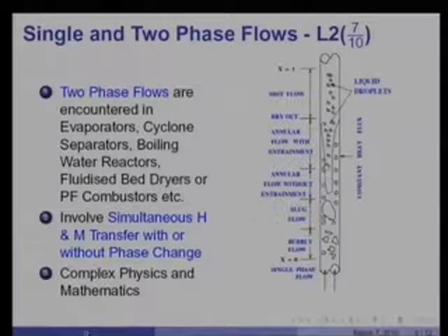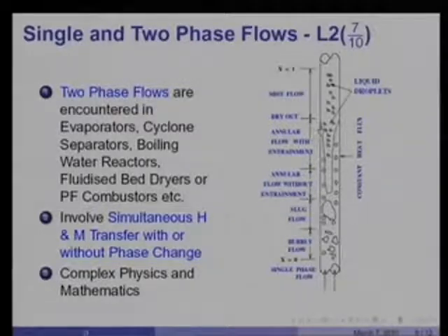But if you go further down, you will find the interface between the liquid water and the water vapor becomes very unstable, and it causes rupture of the interface, sputtering out water droplets into the core of the flow. So water vapor and water droplets sort of coexist in the core of the flow, while the water still surrounds the inner surface of the tube.